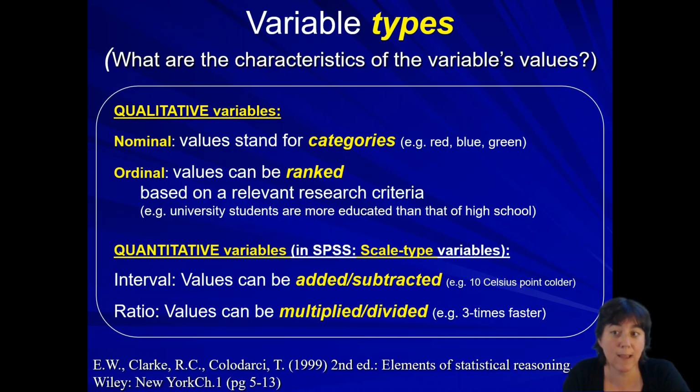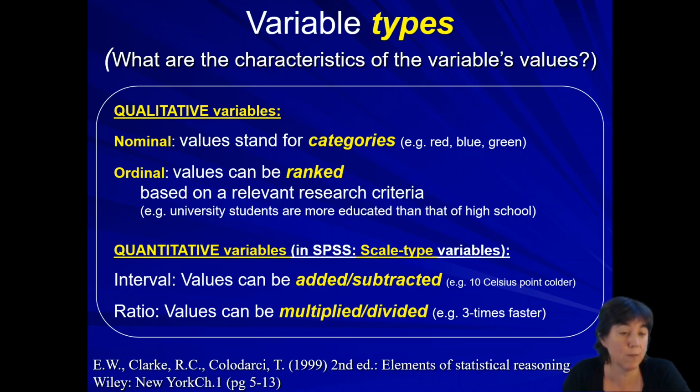For example, a 10 Celsius temperature is colder, but you cannot really say whether it's twice as cold as, let's say, a 20 Celsius temperature. It doesn't feel that way. So just adding and subtracting is possible with these types of variables, but ratio scales can actually be multiplied and divided.